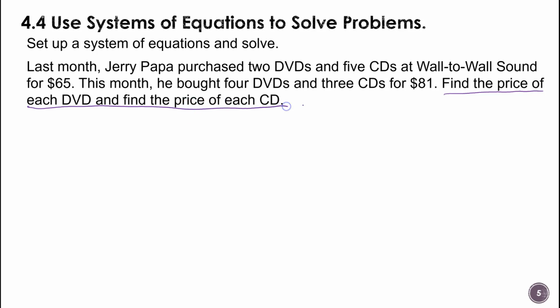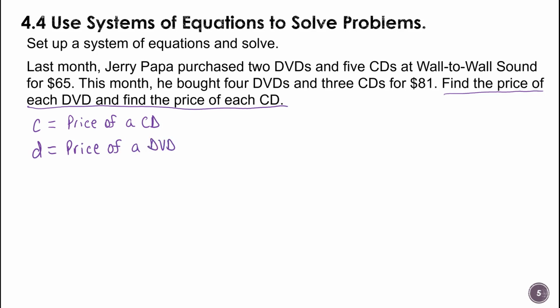Okay, so I'm going to use these variables, right? C equals price of a CD, and D, let's just use small letters, D is the price of a DVD.